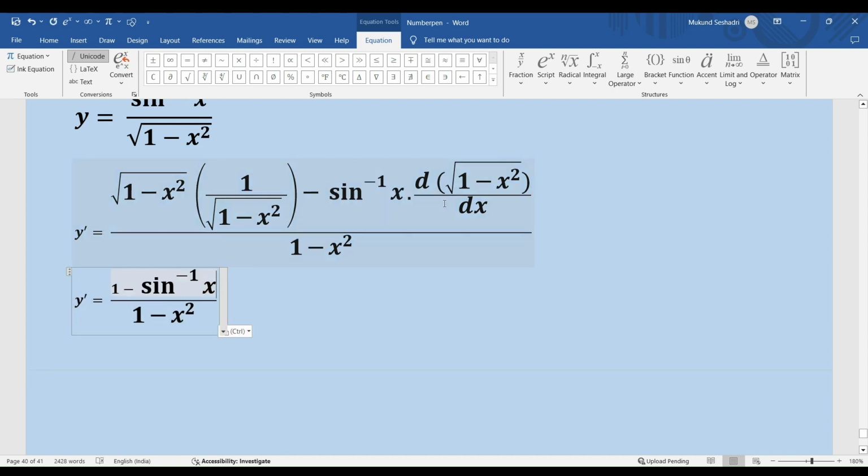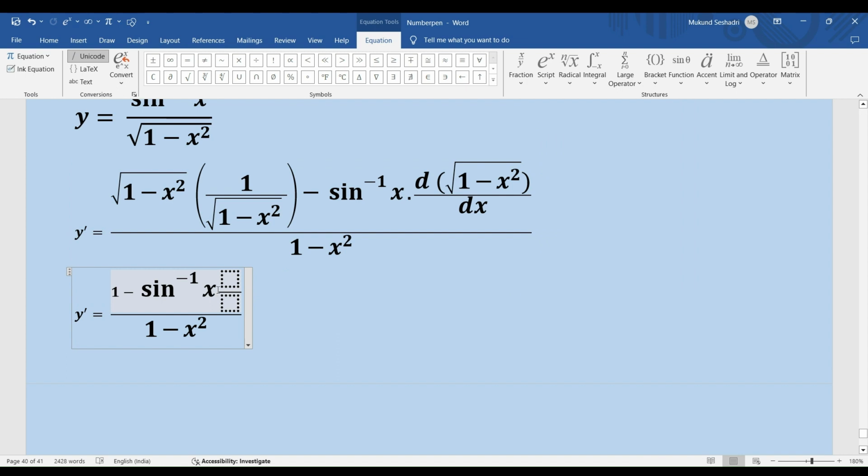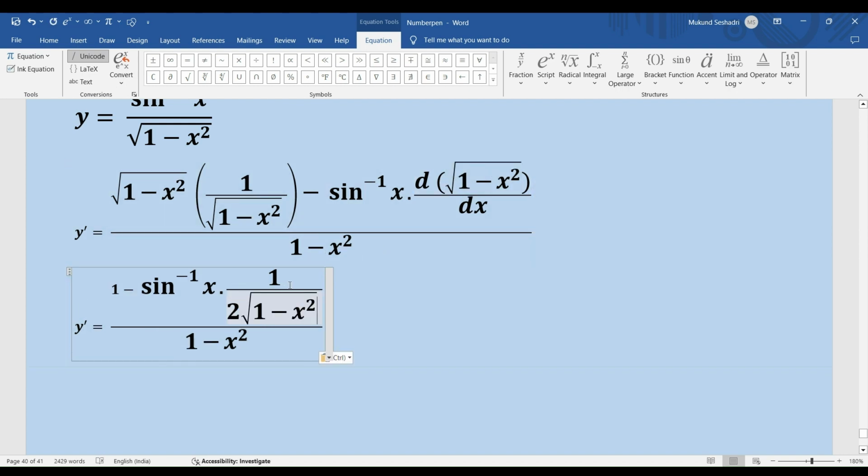And then my d by dx of square root of 1 minus x square is nothing but an application of the chain rule, where I will differentiate my outer function square root, and we know that d by dx of square root of x is 1 by 2 root x. So I'm going to write that first, and instead of x, what do I have here? I have 1 by 2 times square root of 1 minus x square, right?